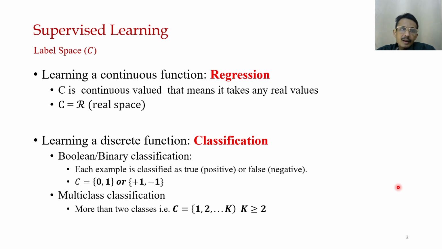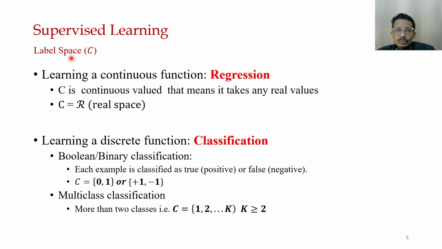As we discussed earlier, supervised learning has two main variants. One is regression, another is classification. In regression, the labels are continuous valued. What does this mean?